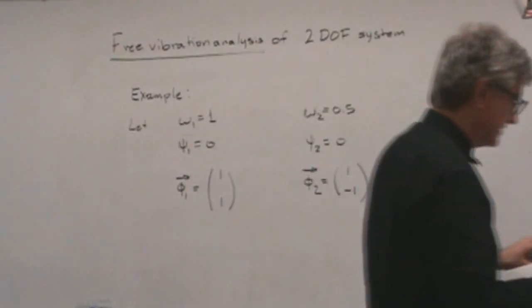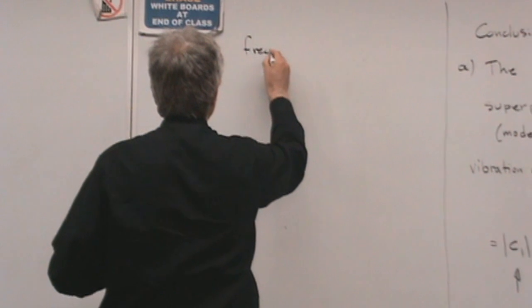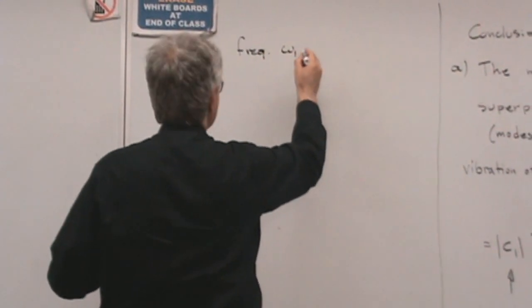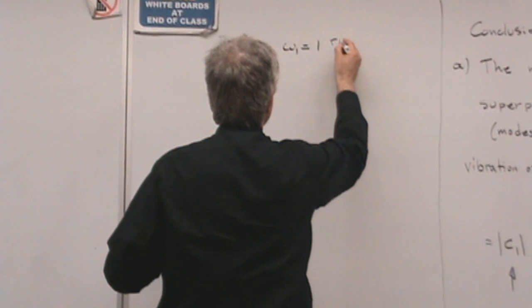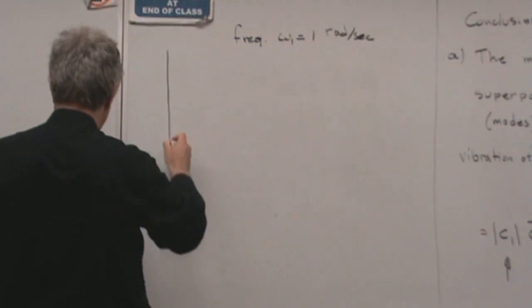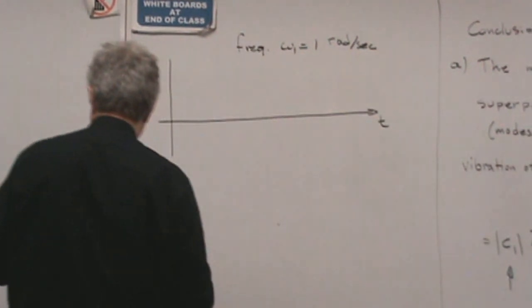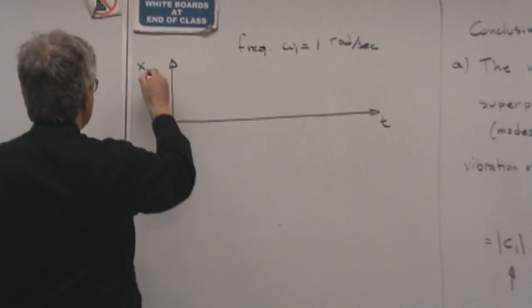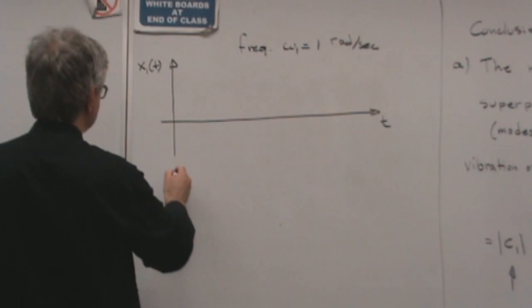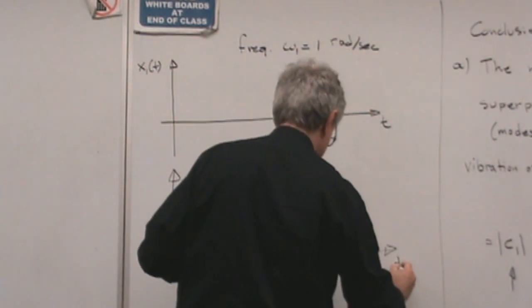So let's see the first one, for frequency omega 1 equal to 1 radian per second. This is the displacement of the first mass, and this is the displacement of the second.